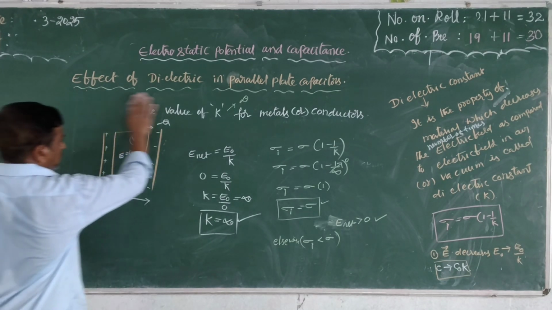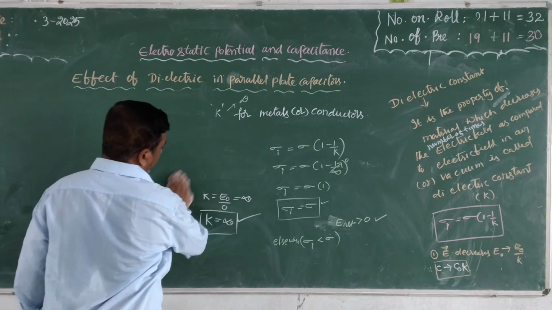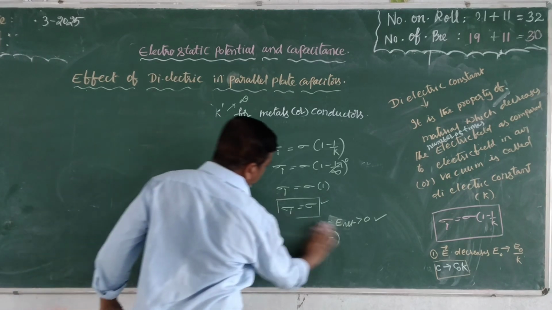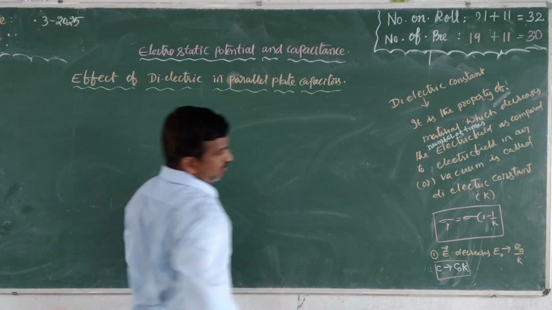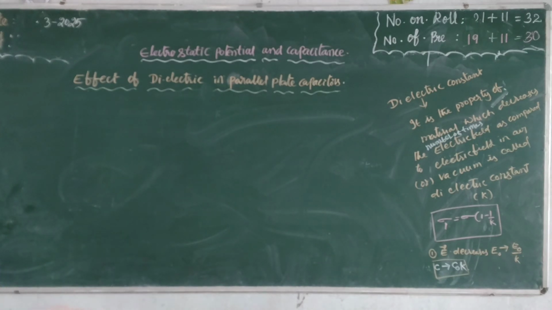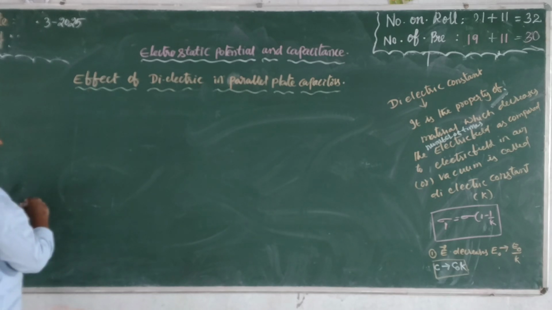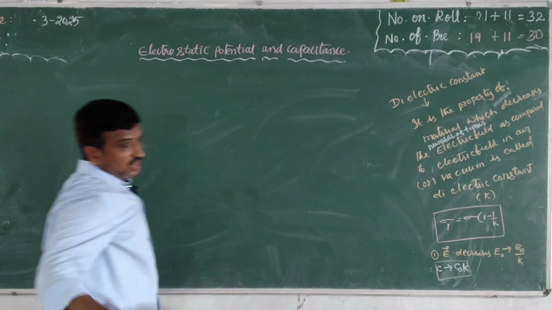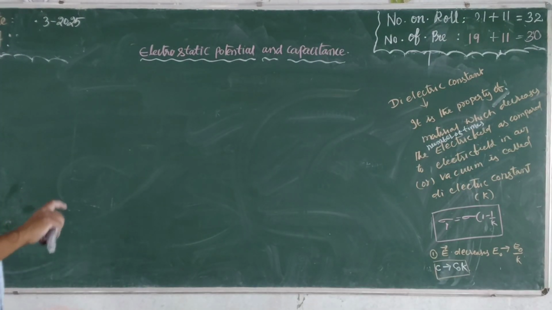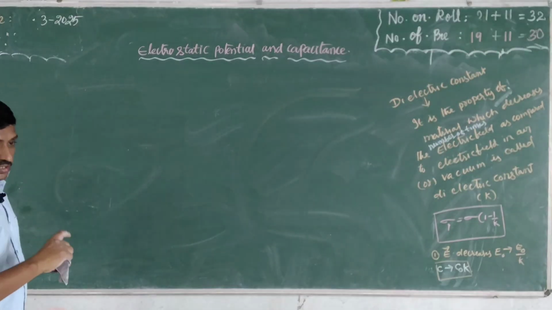Infinity is the k value for metals. Next, what is the capacitance of a parallel plate capacitor when it is partially filled with dielectric? The effect of a dielectric is understood now: when a dielectric is placed, the electric field decreases from E naught to E naught by K, the potential from V naught to V naught by K, and the capacitance increases K times.